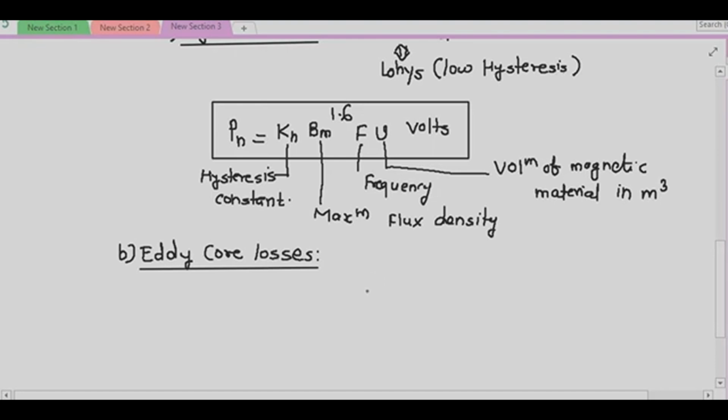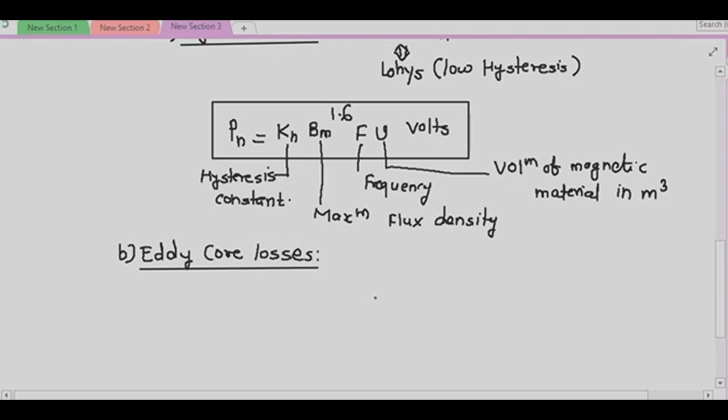Due to time varying flux, there is some EMF induced in the transformer core also. This induced EMF causes some current to flow through the transformer core body, and these currents are called eddy currents. As the core is made of steel, it has some finite resistance. Hence, due to the flow of eddy current, heat will be produced.